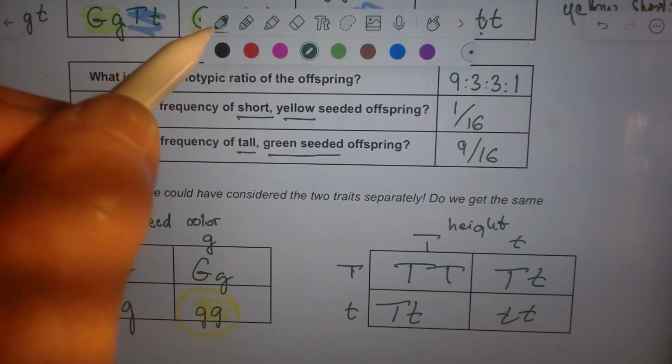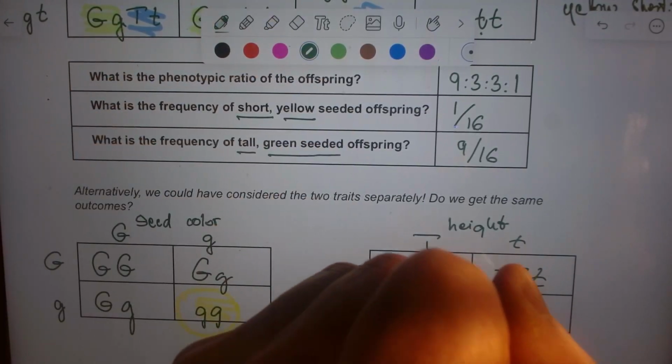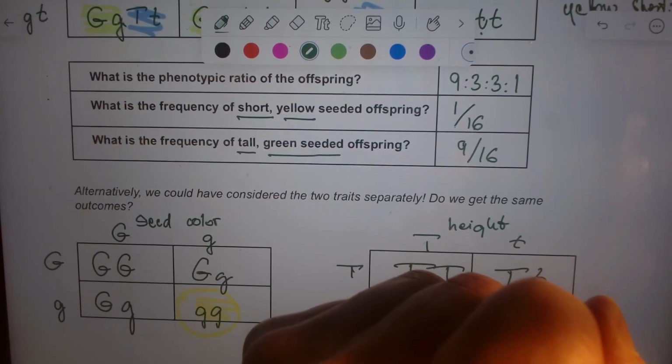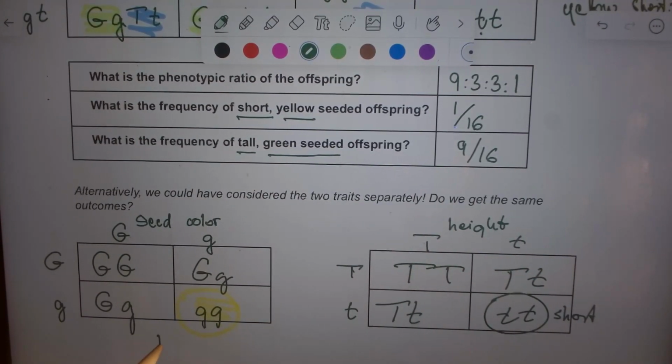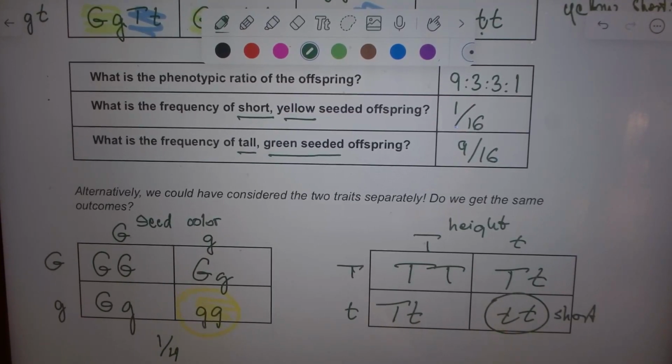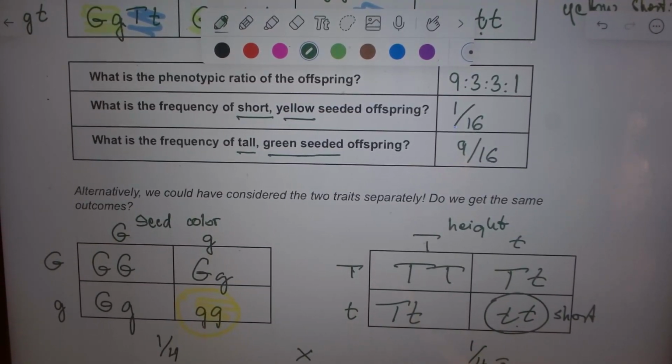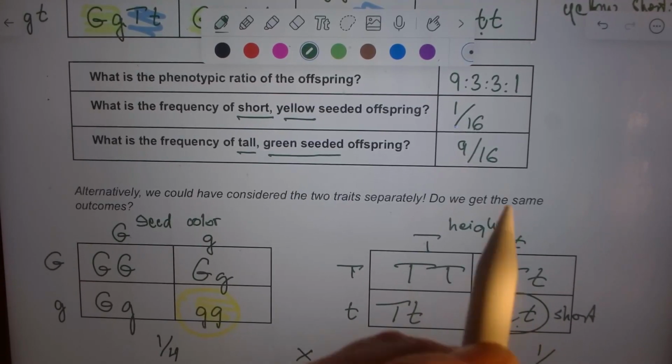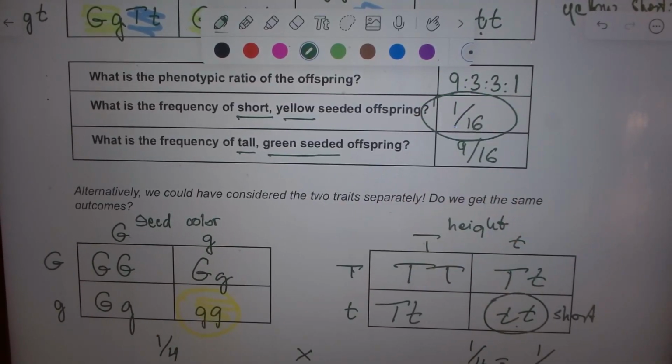So 1/4 is going to be yellow, and because they are independent from each other, the short is 1/4. And 1/4 times 1/4 is 1/16. That's the same as we got over there.